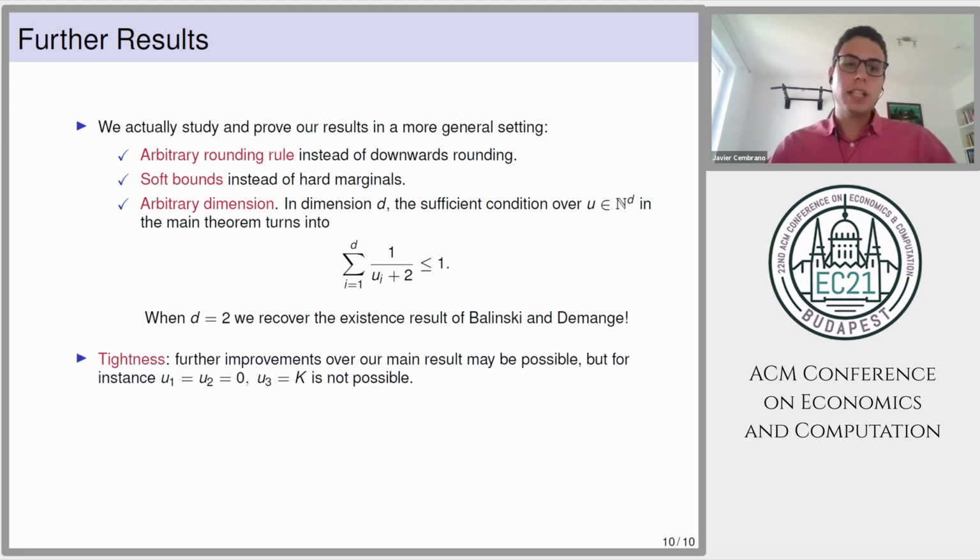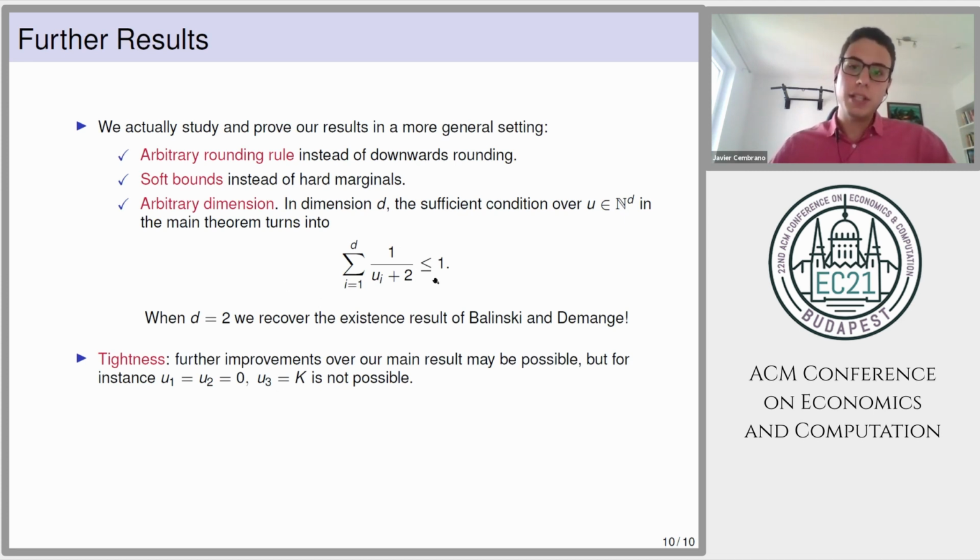Finally, in terms of tightness, we do not know if our bounds are tight, in the sense that we don't know if they are the best possible bounds. Further improvements may be possible, but for instance, we do know that in 3 dimensions, bounds given by u1 and u2 equal to 0 and u3 equal to any constant k are not possible. And why is that a notion of tightness?